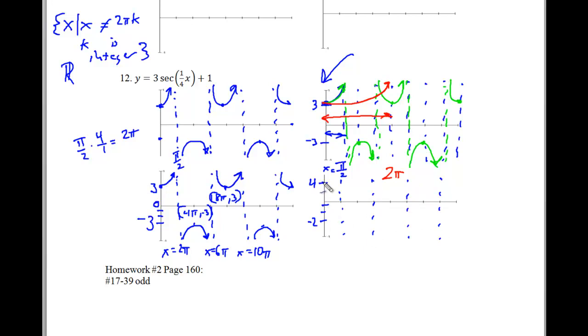Starting here, it's going to swoop up. So that's the point (0, 4). This is still x = 2π. But when I do my swoop here, it's going to be at -2. So this point right there is going to be (4π, -2).